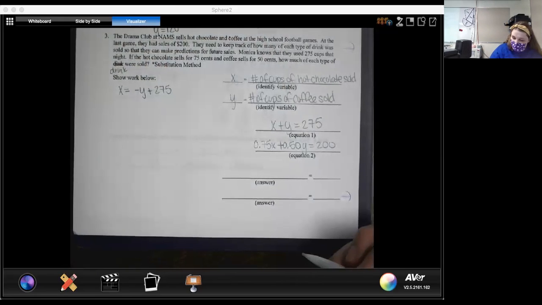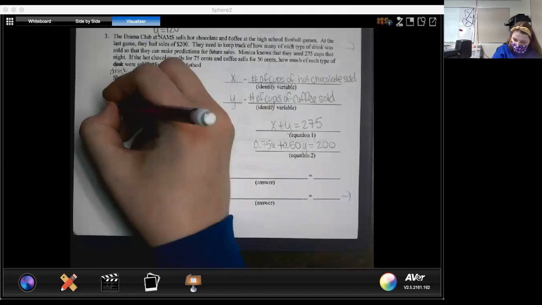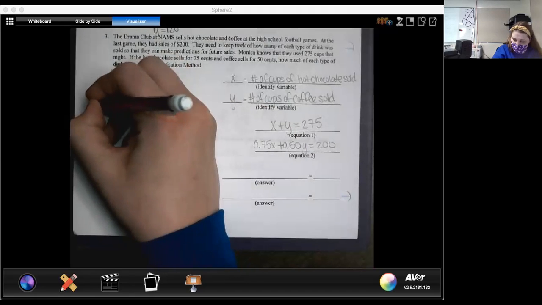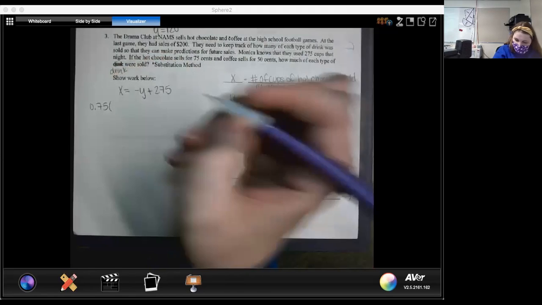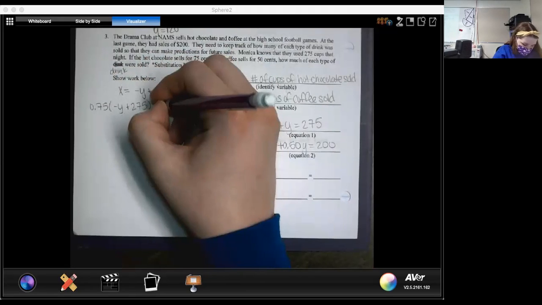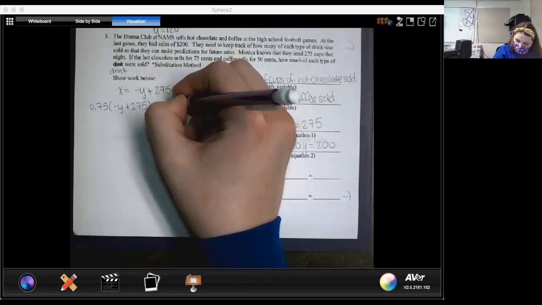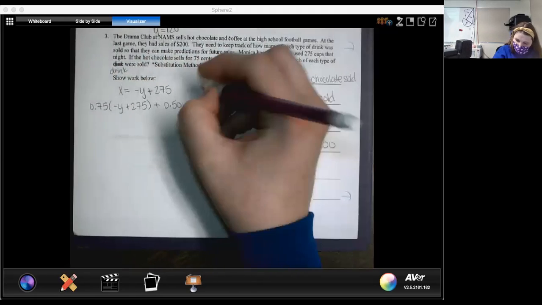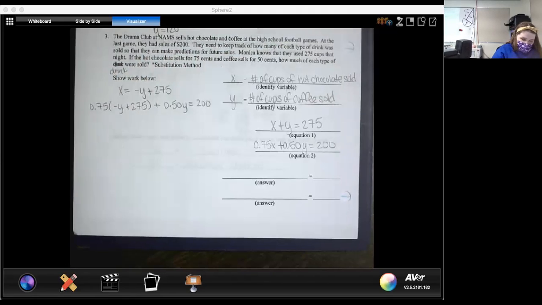Okay, so therefore, that means when I substitute, I'm going to have 0.75 times negative y plus 275, plus 0.50y equals 200. And then when I distribute, actually, virtual kids, why don't you type in what you got as your answer, please, as I keep going to describe.